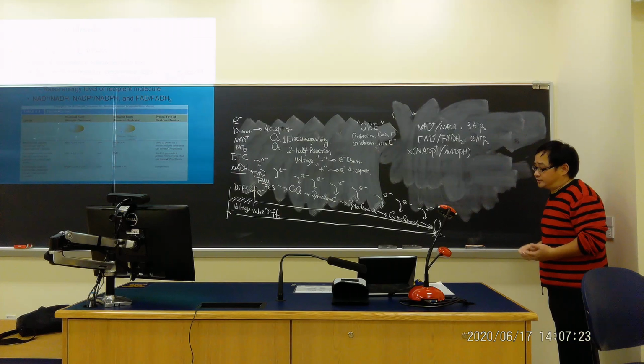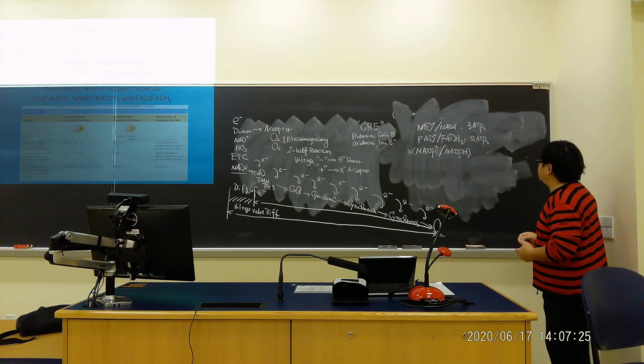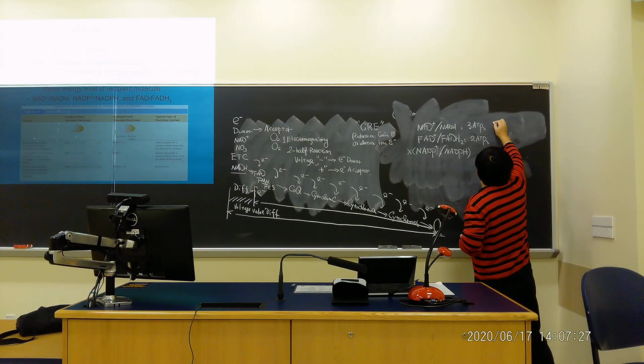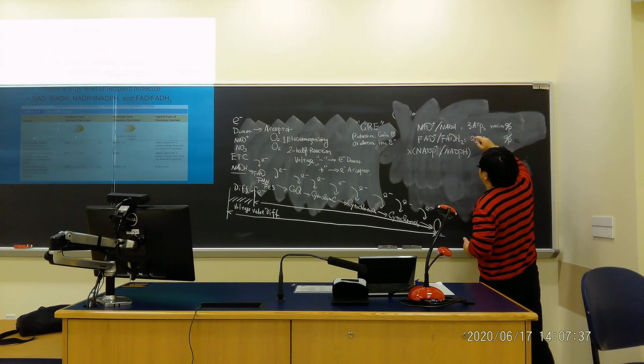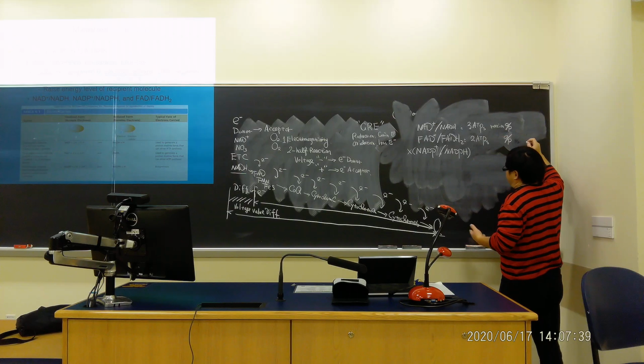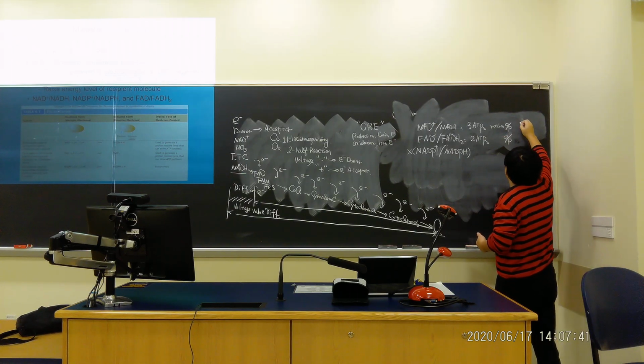Right now, they take into consideration the ratio between oxygen and phosphate. So they think NADH oxidation is 2.5 ATPs.